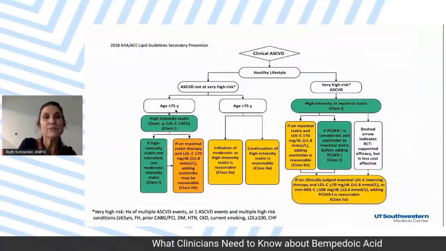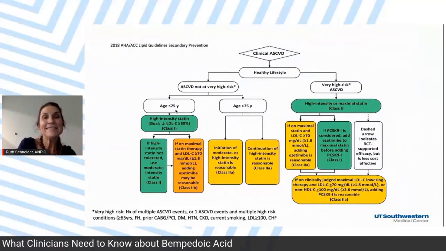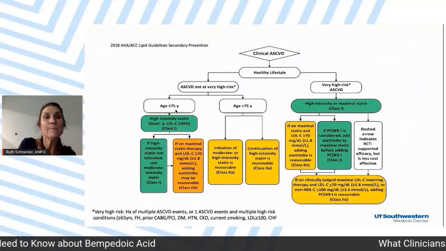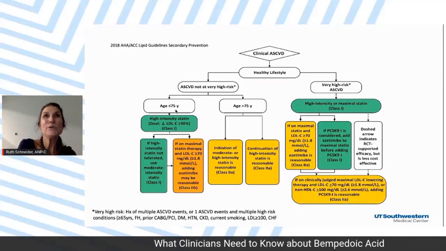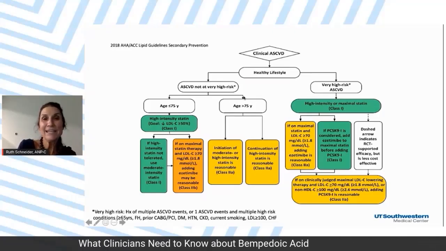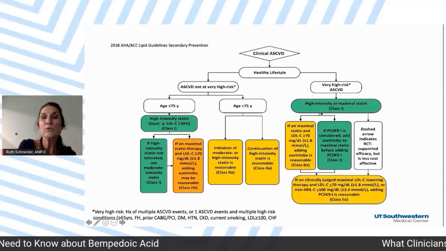All right, so going back to the AHA, ACC guidelines, these are from 2018, and this slide looks at secondary prevention. Where do we see bempedoic acid fitting in? For now, it's over here in the very high-risk ASCVD patient.